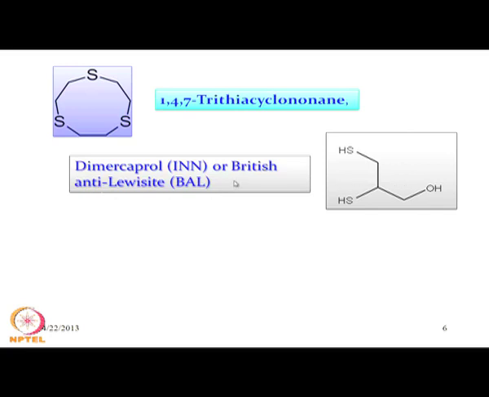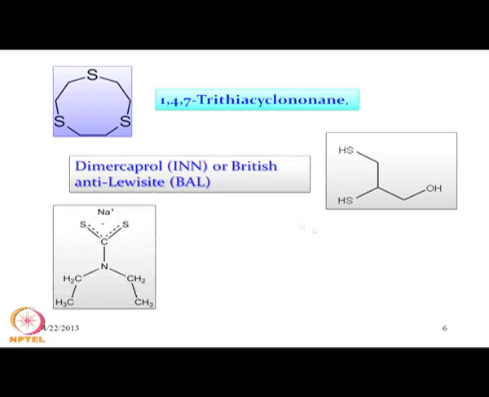And during World War II, this was developed as dimercaprol, or British anti-Lewisite molecule, we call it, because it binds heavier metal ions like cadmium, zinc, mercury and others, which are very much poisonous.